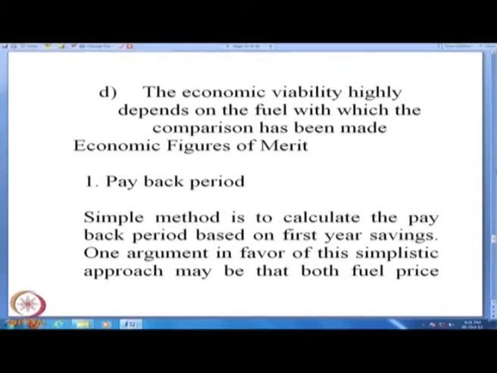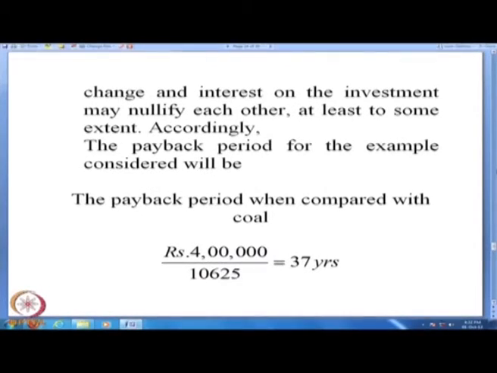So, as I said, that simple method is to calculate the payback period based on first year savings. One argument in favor of the simplistic approach may be that both fuel price change and interest on the investment may nullify each other, at least to some extent.